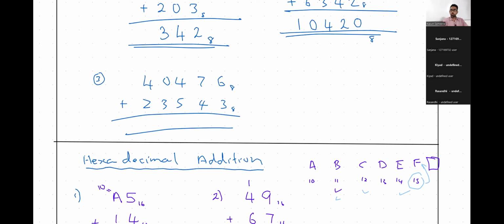Let me go through these questions again. Write any number in any number system, represent them in counting frames, and do the addition. Also try subtraction as well.